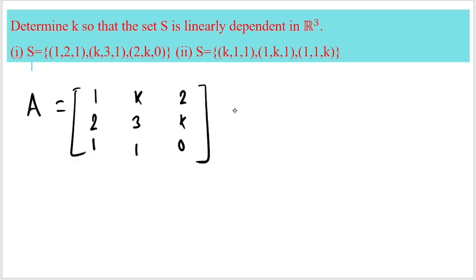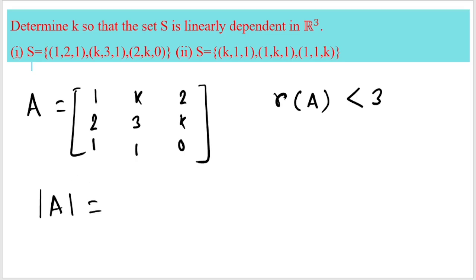Now we can see that the set of vectors is linearly dependent. That means the rank of this matrix is obviously less than 3, because if the rank was 3, then the set was linearly independent. Now, since the rank is less than 3, obviously the determinant value is 0.